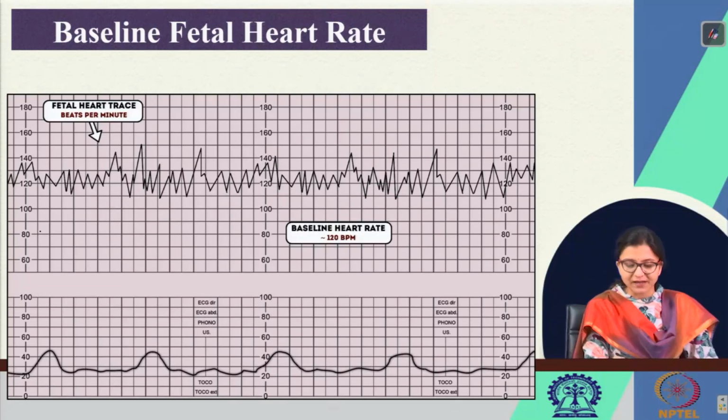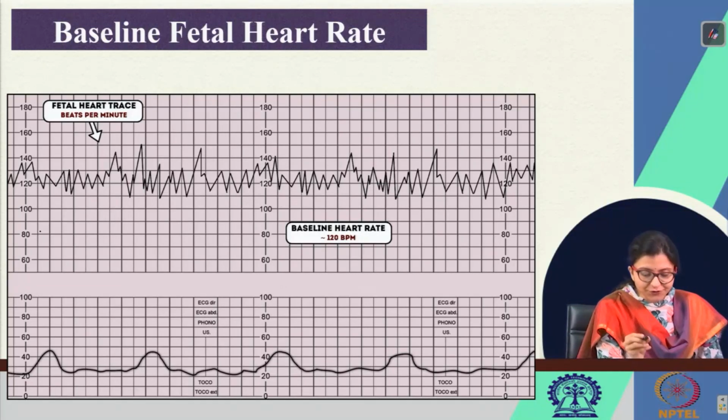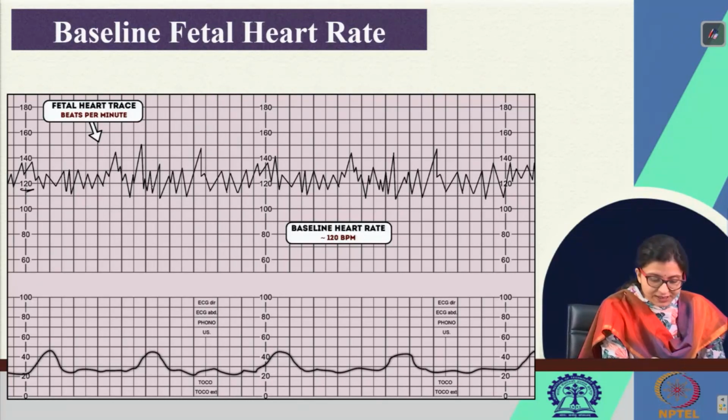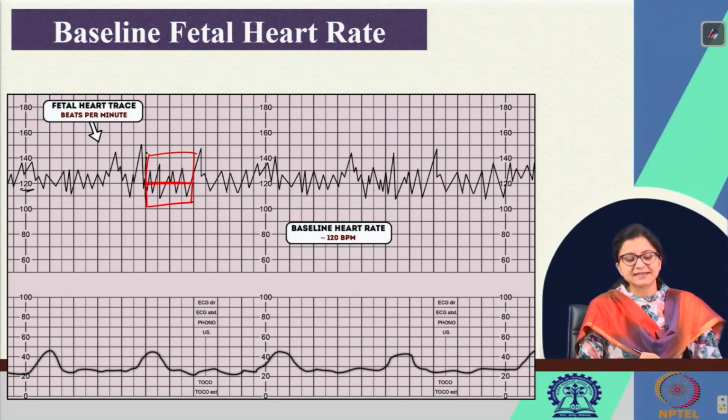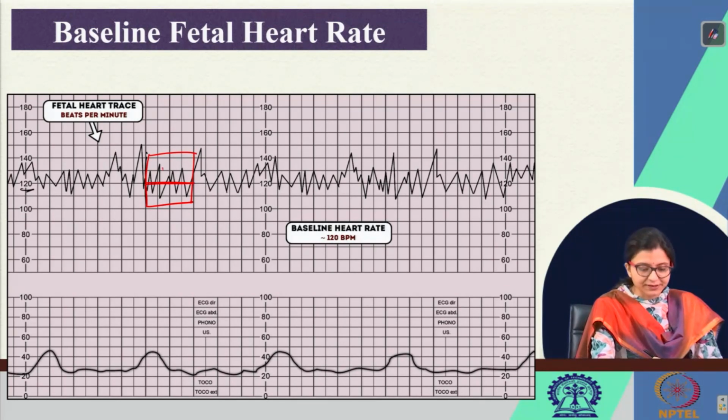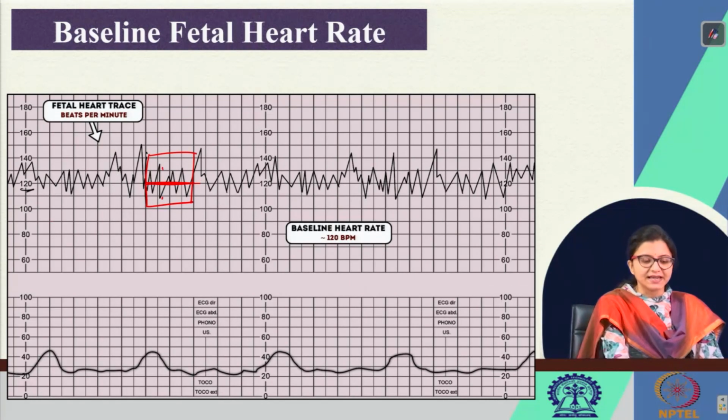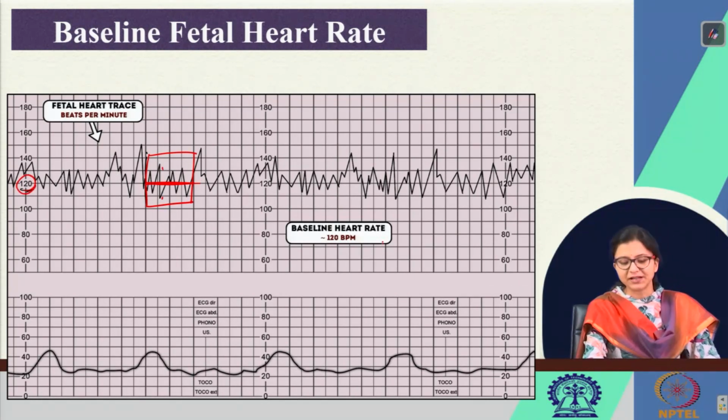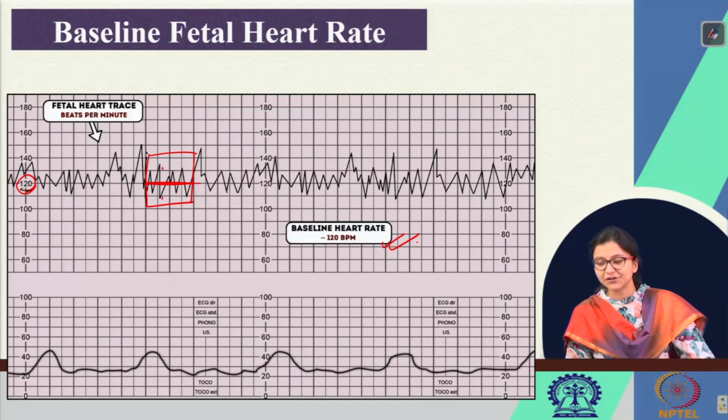So, if you take this segment, say this is without any acceleration or deceleration, you see this is the mean baseline, right. Above there is some variation, below there is some variation. So, the mean baseline over this period is 120 beats per minute. So, here the baseline fetal heart rate is 120 beats per minute.